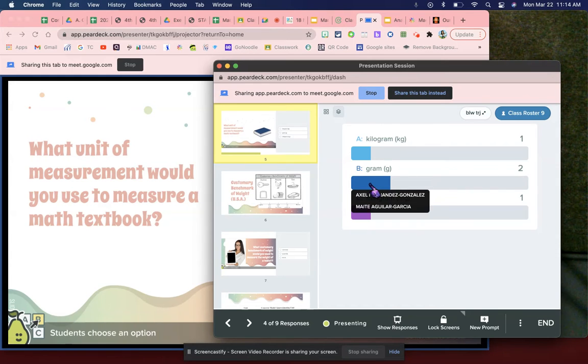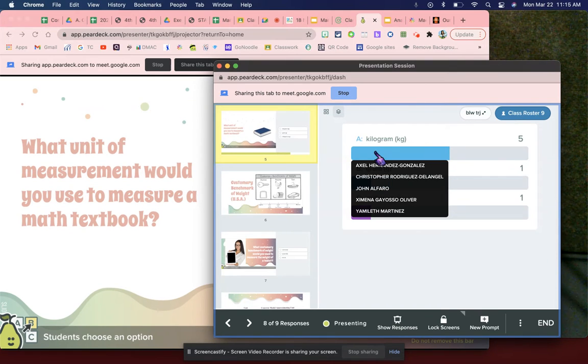Axel already answered. Maite. I'm still missing the rest of you guys. Jamilet already answered. Jimena already answered. How would we measure the book? Kilogram, gram, or milligram? I'm going to share the answers.